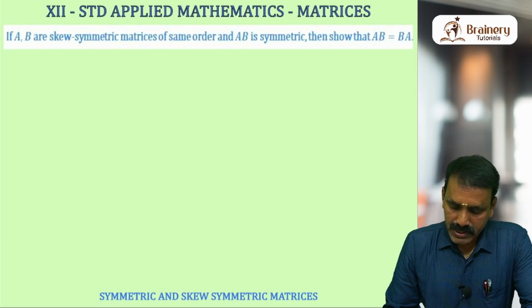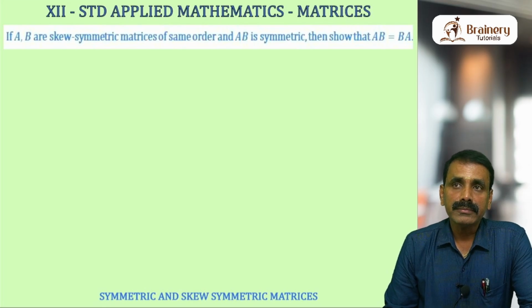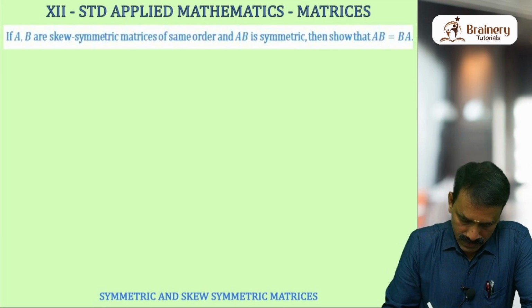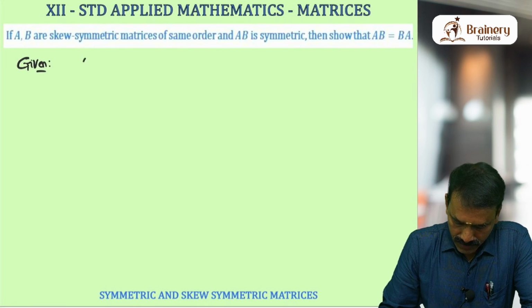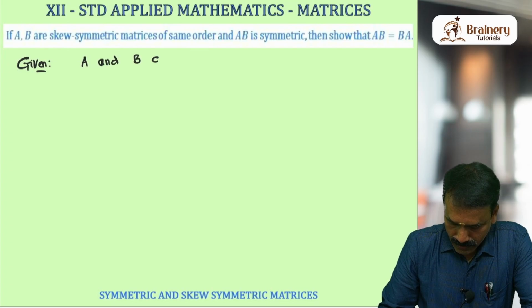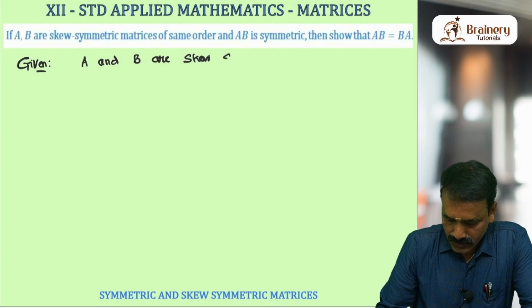So A and B are skew symmetric of the same order. So given A and B are skew symmetric matrices.